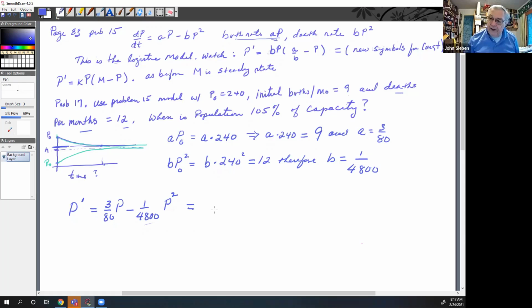So let's do the algebra, and this will be 4,800 over 180 P minus P squared. And now it's super easy to see that this is a variable separable differential equation, and of course, first order.